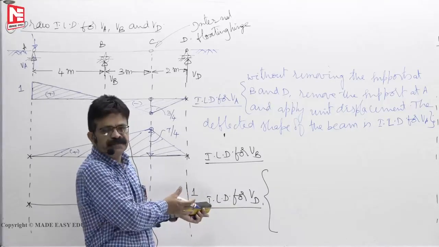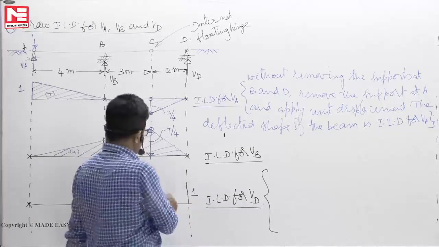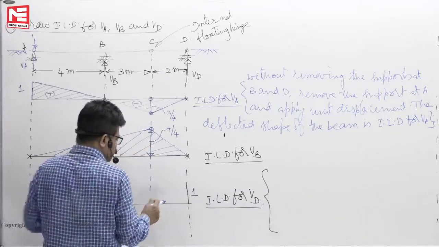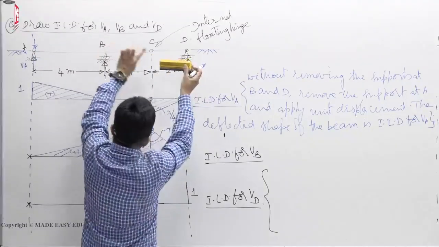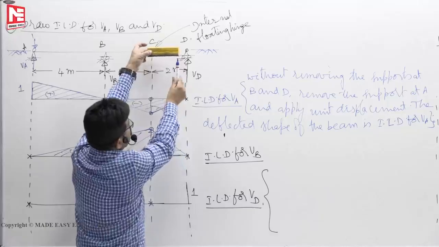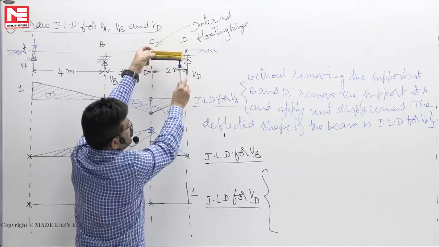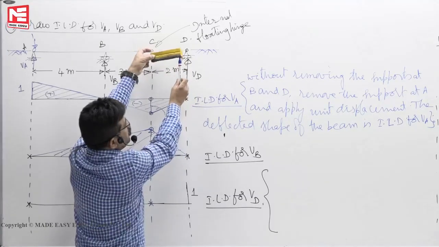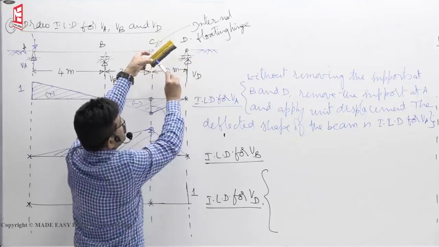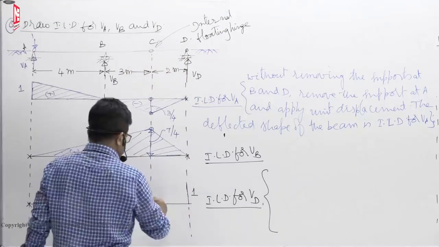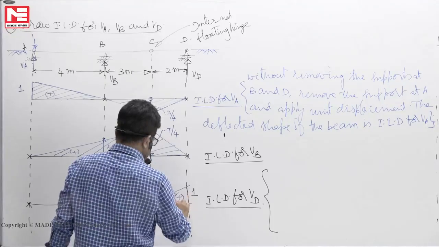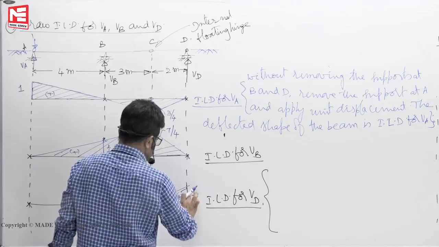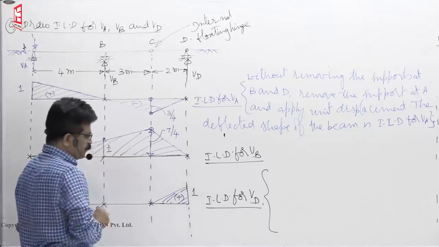Now we are taking the help of virtual work. So at this point, because A and B cannot be lifted, that implies that C also cannot be lifted. Then C here, D here. Remove the support at D and apply unit displacement like this. Then that is the deflected shape of the beam. That's all.